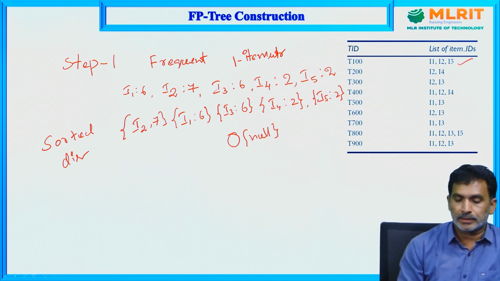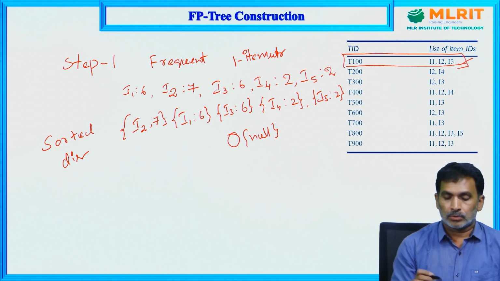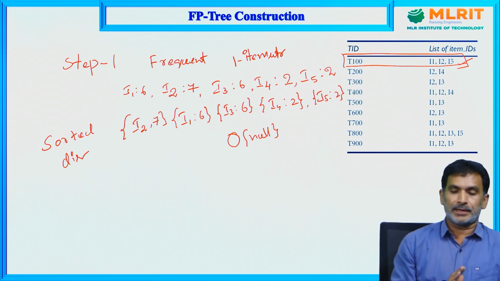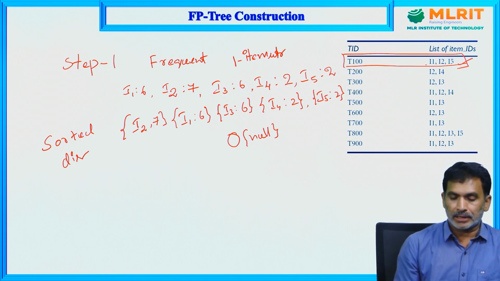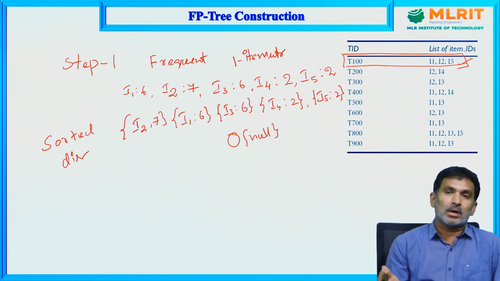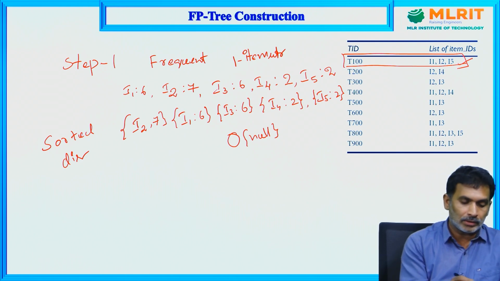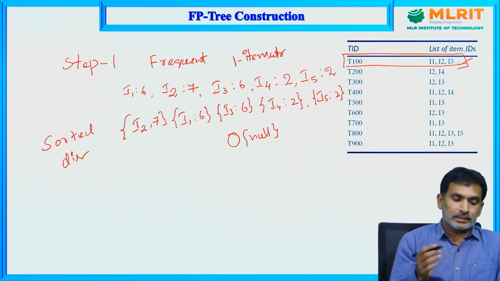In this first transaction, with the transaction ID, this is the transaction we are going to process now. This transaction has three items, I1, I2, I5. These items need to be arranged in the same order, sorted as per frequency descending.